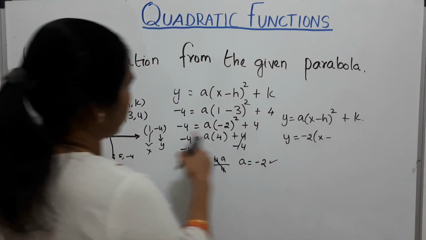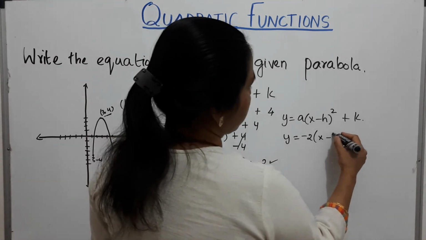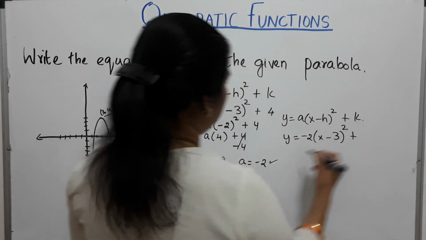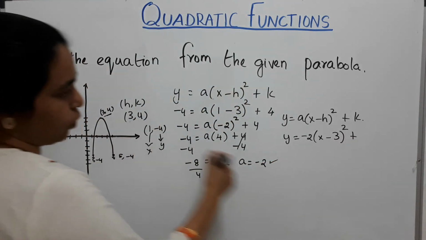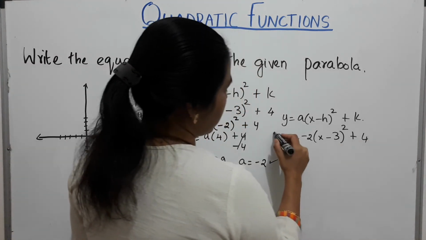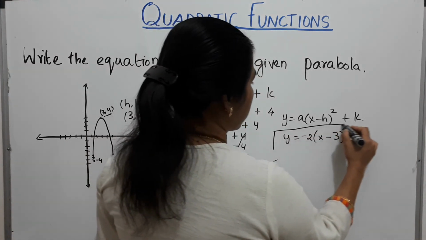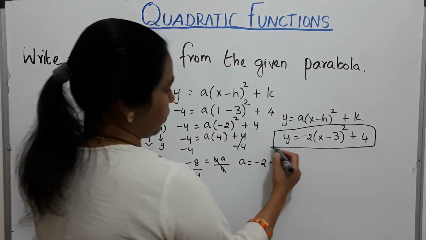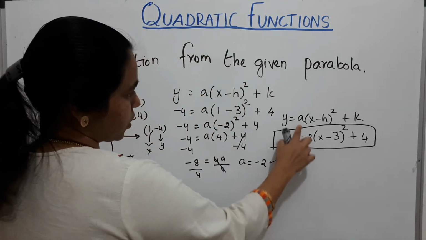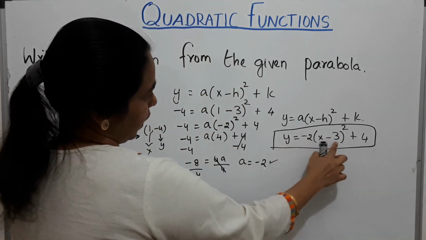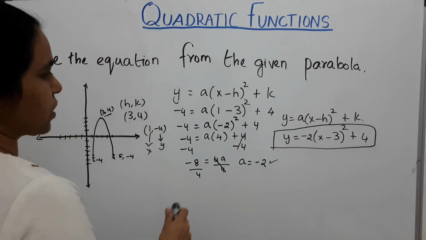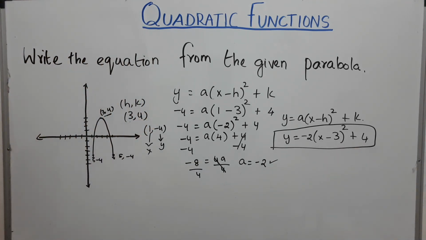The value of h is equal to 3. So just 3 the whole square, and k value is actually 4. So this is a quadratic equation in vertex form. So you just have to substitute the value of a in here, and h and k values must also be substituted, and you can write the quadratic function.